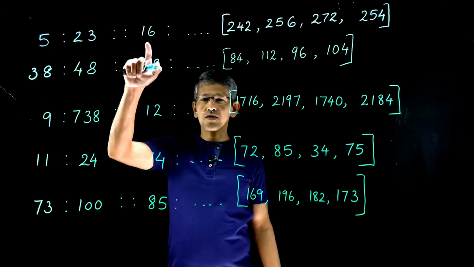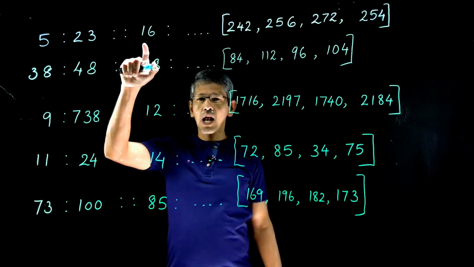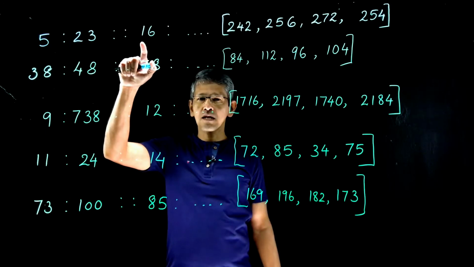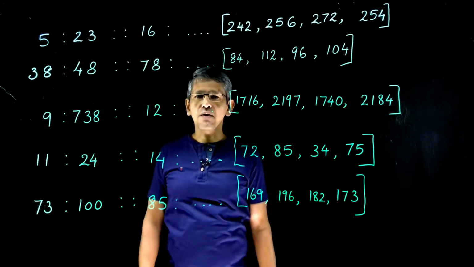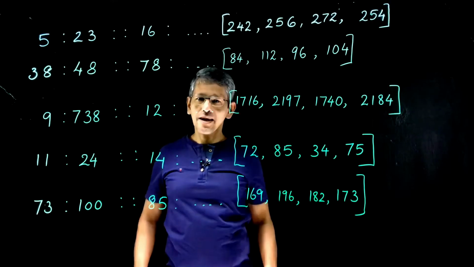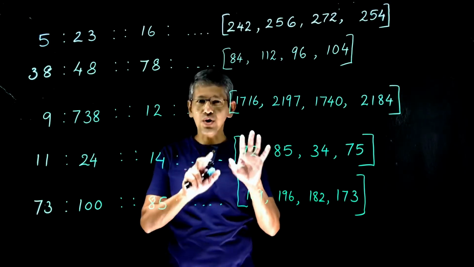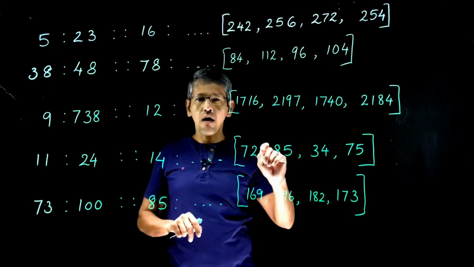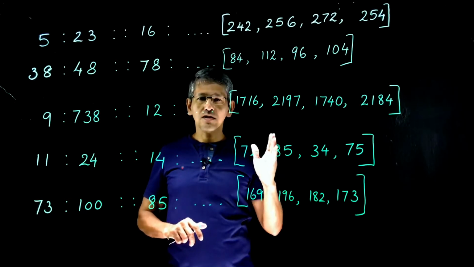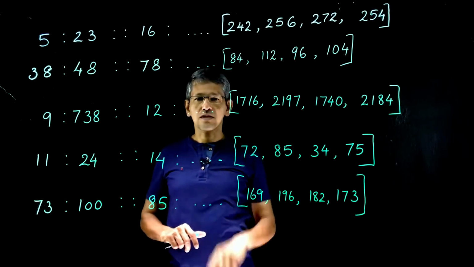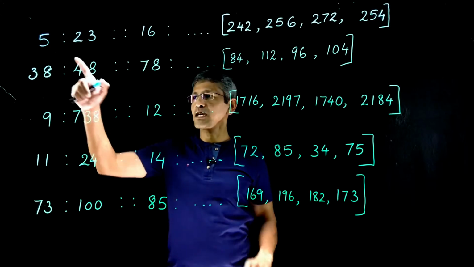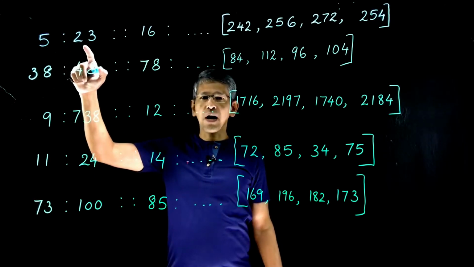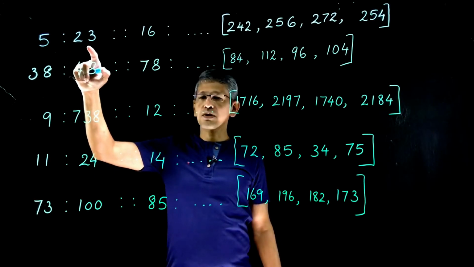But we know the square of 16, if you are aware of it, is somewhere close to 256, right? Those who know exactly what the square of 16 is know it's 256. But the connection here: 5 square is 25, but that is not given here.